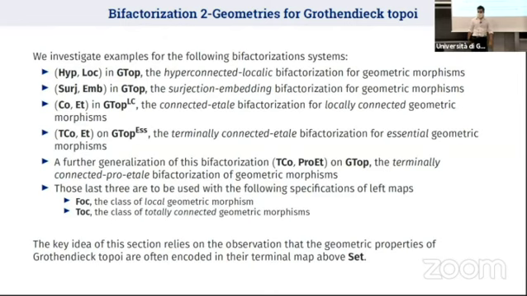But what I am going to describe more precisely are the factorizations related to the connected-étale factorization of a locally connected geometric morphism and their subsequent generalization. And the key idea of this construction will be that you can classify geometric properties of Grothendieck topoi according to the property of their terminal geometric morphism into Set.